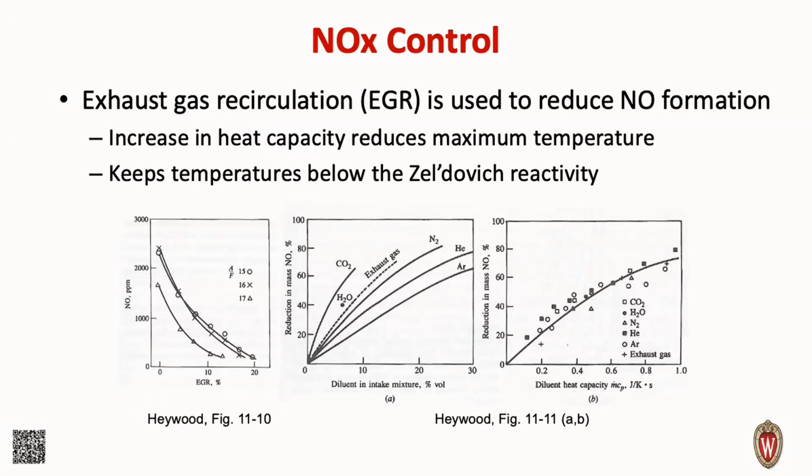So by adding all these things that are not participating in the reaction because it's already spent exhaust products, they can suck up some of the thermal energy of the heat release that happens during combustion, and it'll keep your temperature below that Zeldovich reactivity. Very, very handy for avoiding NOx formation. But again, we're limited on how much EGR we can do to keep combustion efficiencies up.